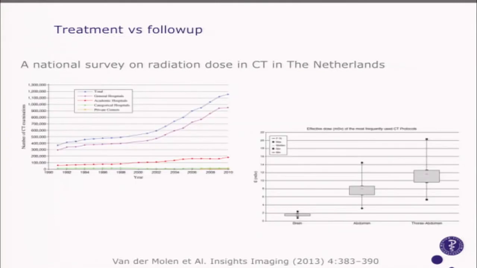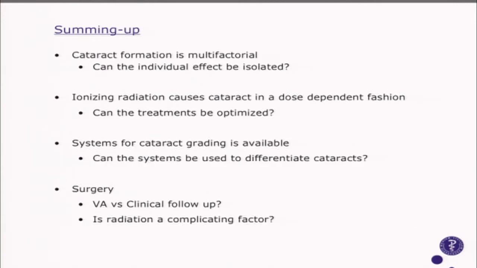But not only the primary treatment is a problem, the increased use of CT scans and PET-CT scans also produces a problem when we have radiation to the eye. If you have a local scan of the brain, you use much less radiation than compared to a combined CT scan of the thorax and abdomen. So, cataract formation is multifactorial. Can the individual effect be isolated?